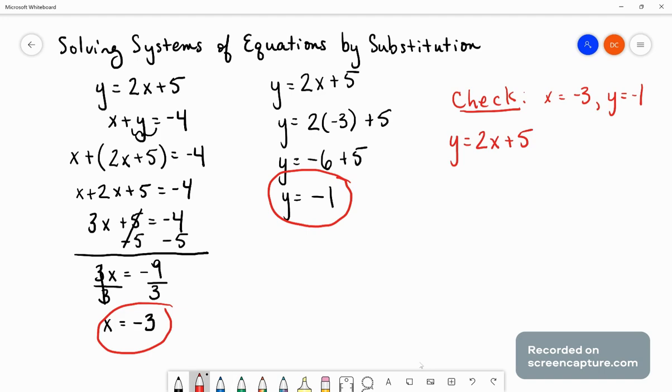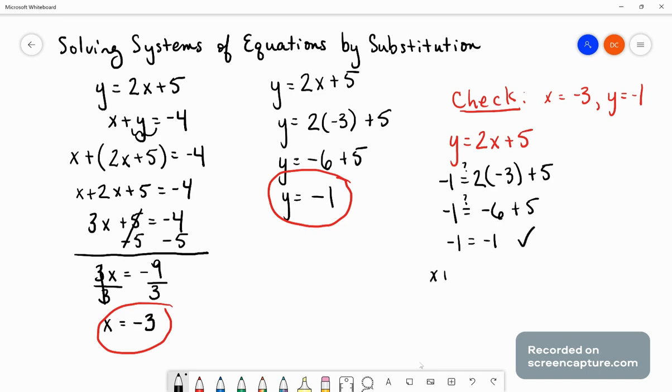We just replace y and x. So we get -1 is equal to 2 times -3 plus 5. We just want to make sure that that's true. Does -1 equal 2 times -3, which is -6, plus 5? So -1 equals -1. Check. Now we're going to use the other equation that we have.